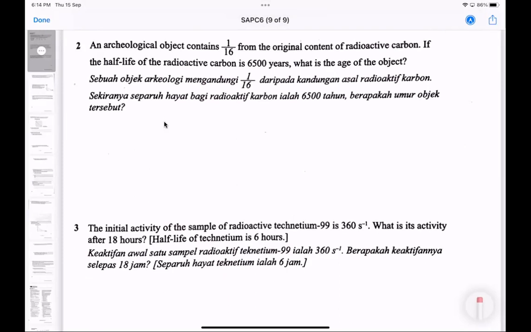Sure, what's the answer for number 2? Number 2, did you get 26,000? Yeah. This is 4 half-lives, right?